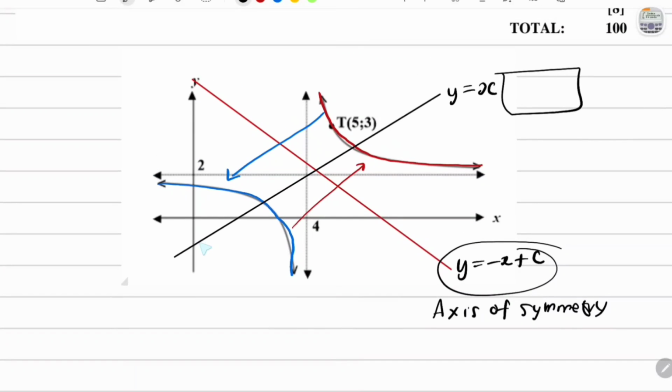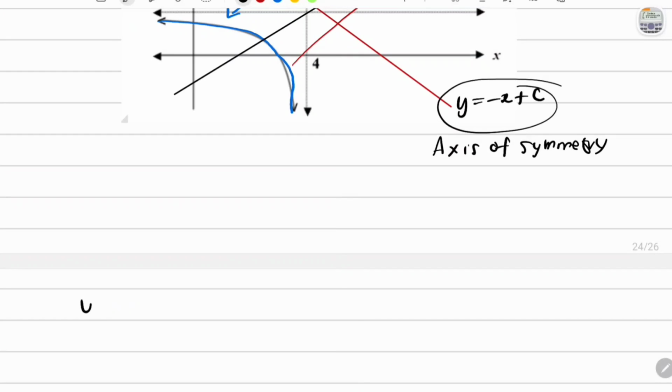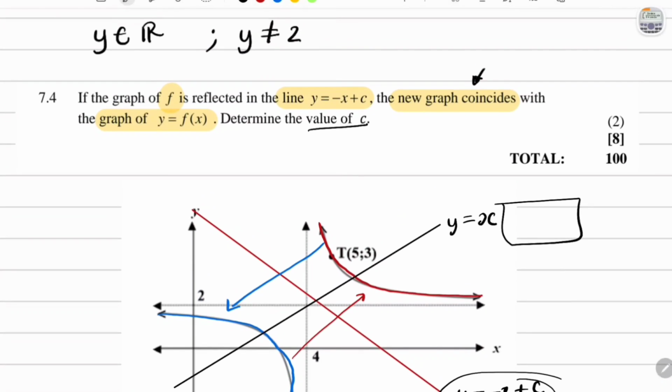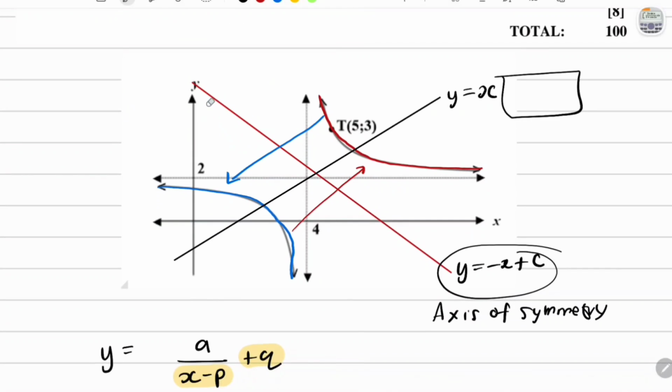So to find the positive axis of symmetry of a hyperbola, the equation is y is equal to x minus p plus q. It's quite simple because if you remember the general equation of a hyperbola, which is a over x minus p plus q, you will easily remember this. Okay, so that's the equation of the one with the positive gradient. But you see they gave us the one with the negative gradient.